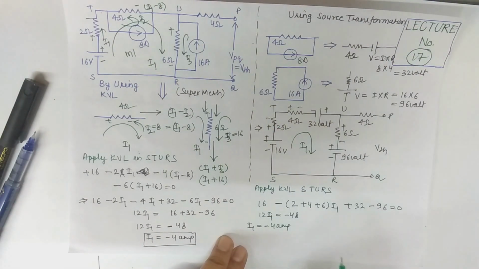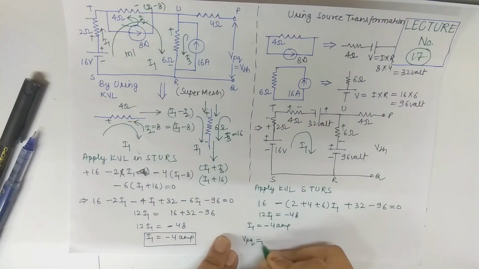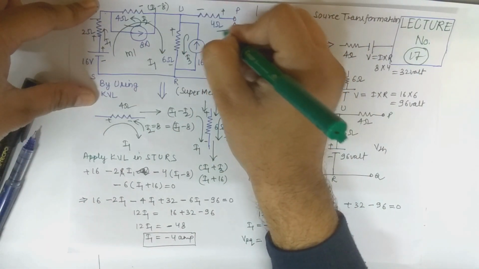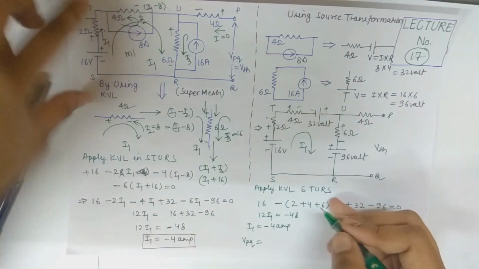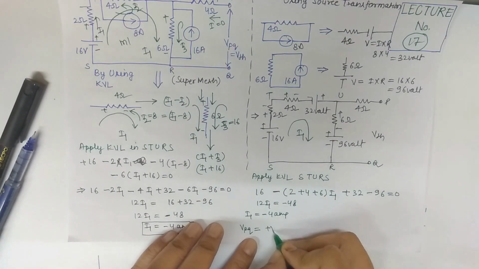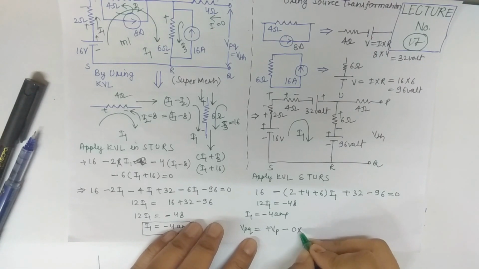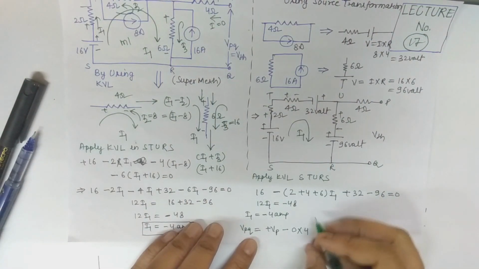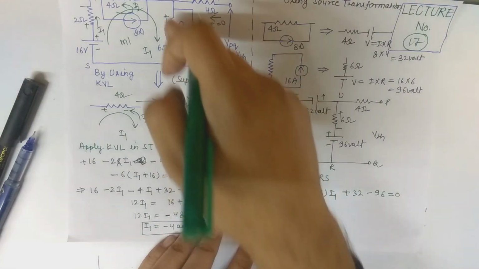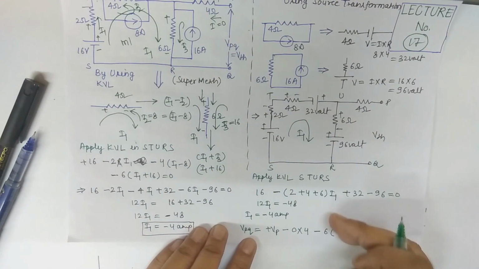Now we find out VPQ. So VPQ, start from here, and let us say current is flowing in this direction, that would be I is equal to 0. So start from higher potential, plus of Vp minus of I in this 4 ohm resistance 0, and R is 4, and here minus of 6, and current in this resistance is I1 plus 16.